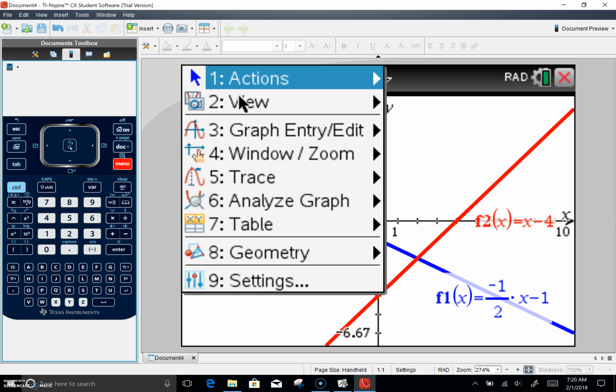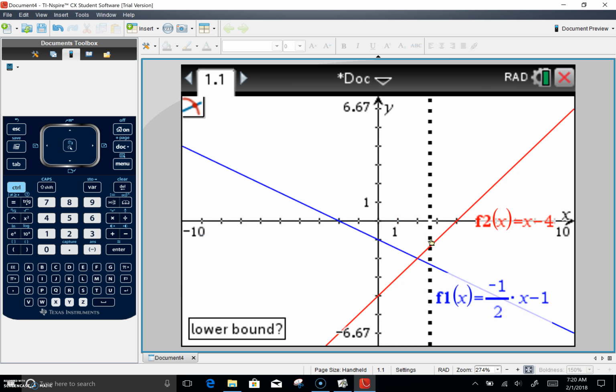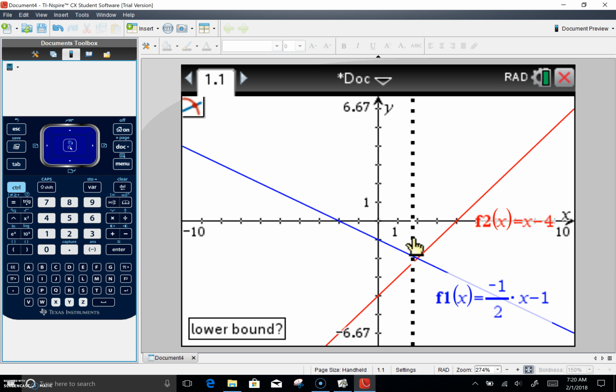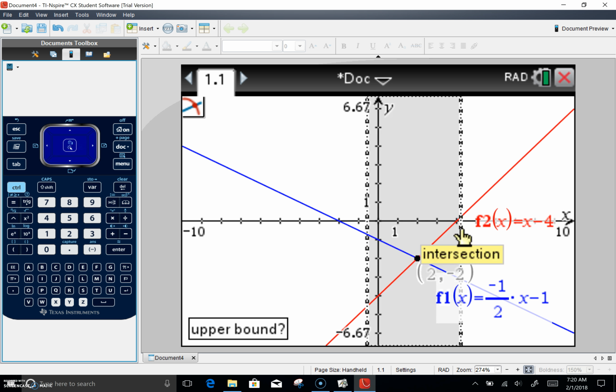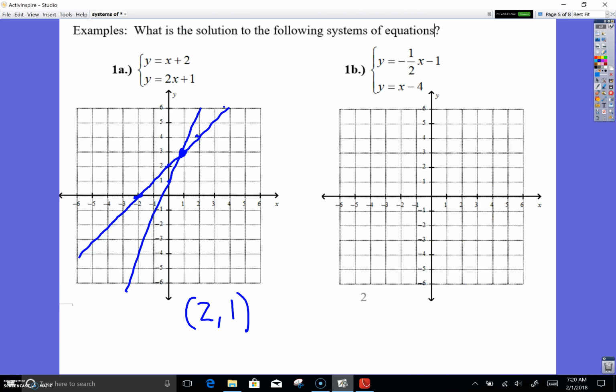Menu, analyze graph, intersection. Okay, so I'm going to move it to the left side of the intersection, press enter and move it to the right side. Okay, you see the intersection is 2, negative 2. But of course, I want to graph this, so I pick 2 points.